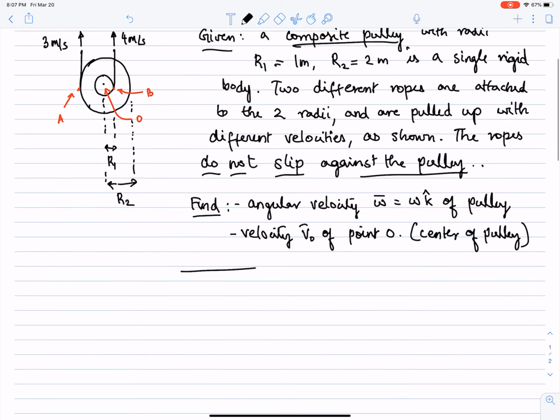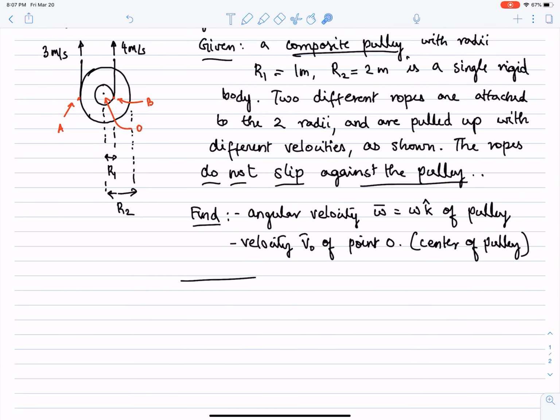Now, what can we do? The first thing to note is that points A, B, and O are on the pulley, and point A essentially touches this rope. Point B touches this rope. The point on the rope that touches A is moving up at 3 meters per second.